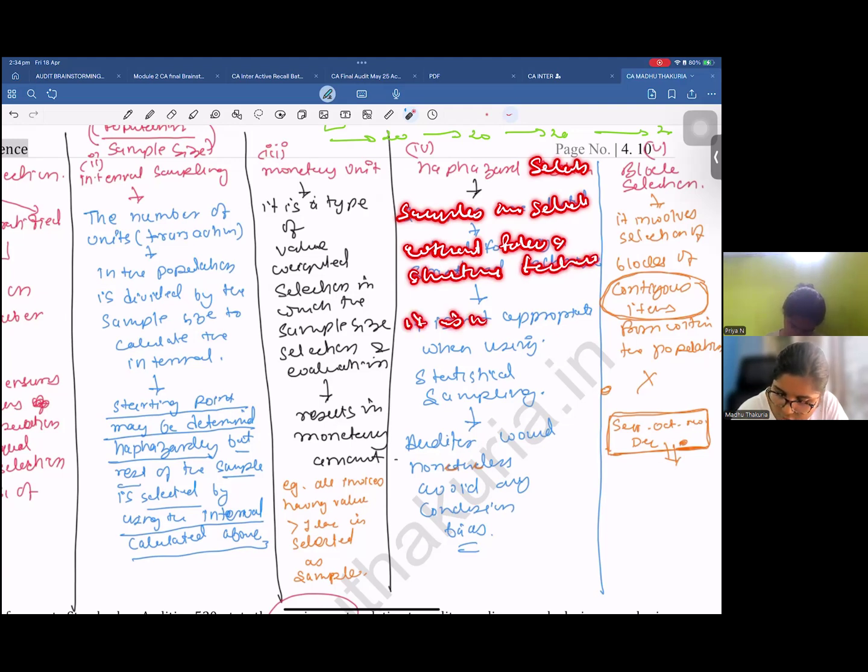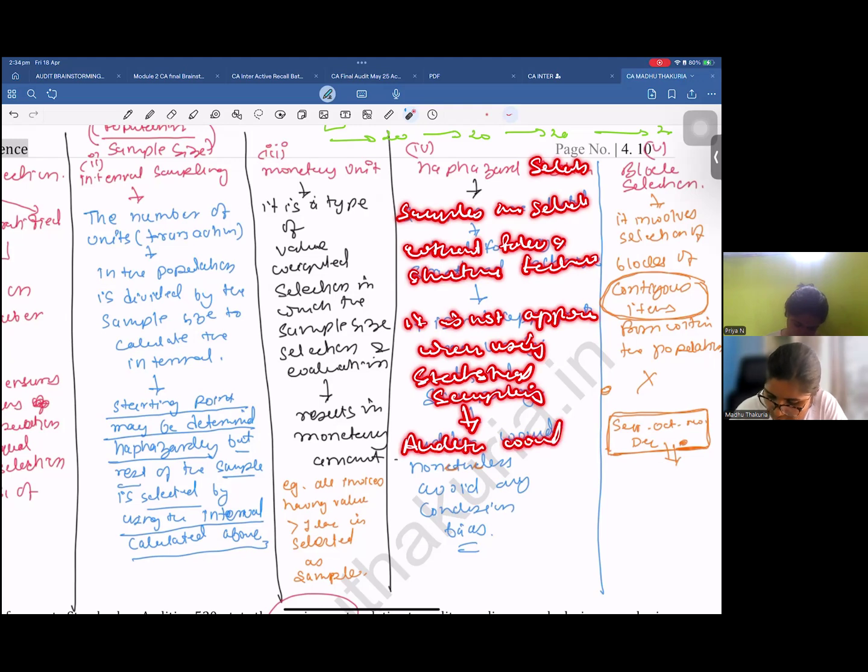It is not appropriate when using statistical sampling. The auditor would nonetheless avoid any conclusion bias.